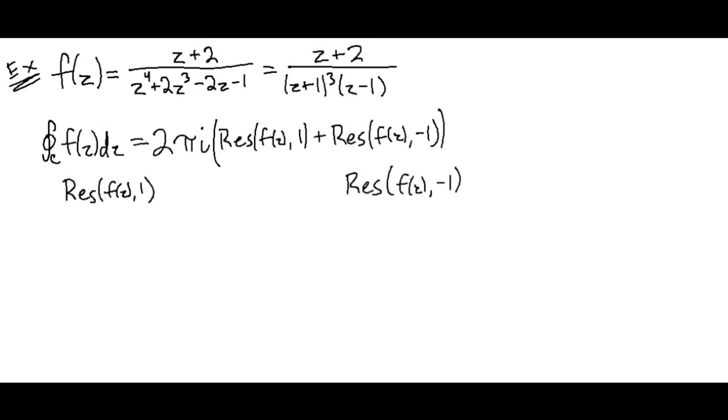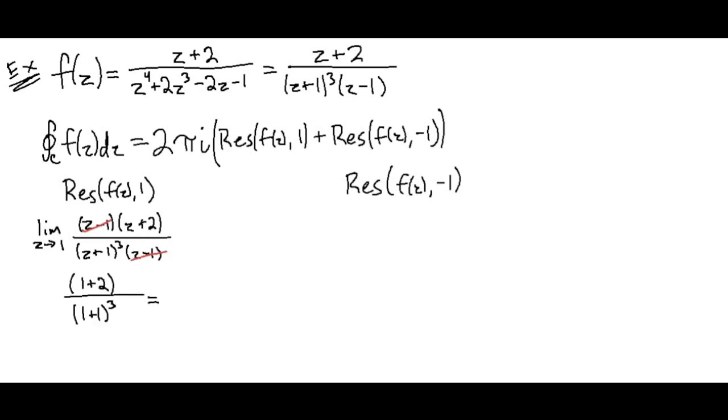Our pole at z equals 1 is a simple pole, so we can evaluate it the way we did our previous examples. Multiplying the function and taking the limit, we're going to end up with 1 plus 2 over 1 plus 1 cubed, or 3/8. Our residue at z equals -1 involves a pole of order 3, because that is the power it is being raised to. So our n equals 3 and n minus 1 equals 2.